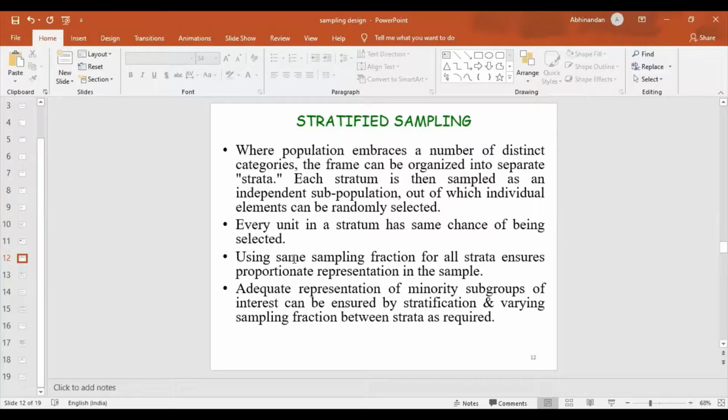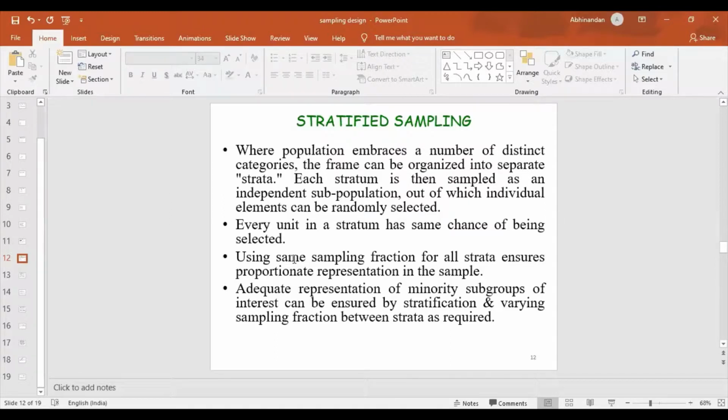For example, in my research the population is college teachers. There are a small number of members from the principal post. The categories are principal, professor, assistant professor, guest faculty, or lecturer. All these are considered categories.